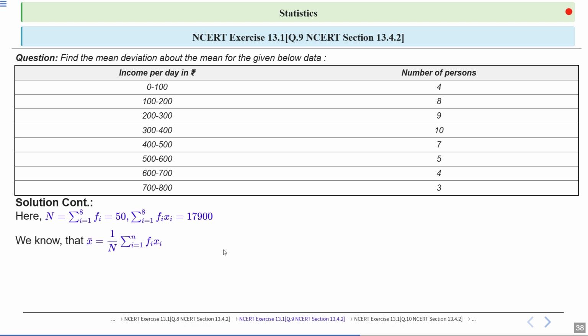Here x bar represents the average income per day. Okay, and n is the total number of persons, and the sum of fi xi is the total of each group frequency multiplied by its mid value. Therefore x bar equal to 1 divided by 50 multiplied by 17,900, and after calculating you will get 358.